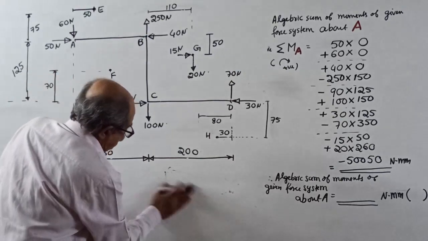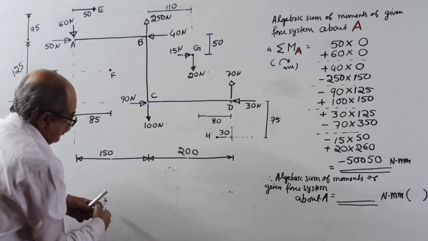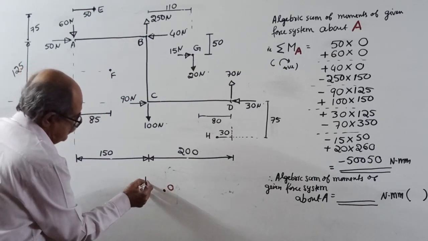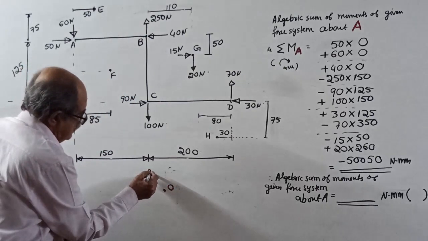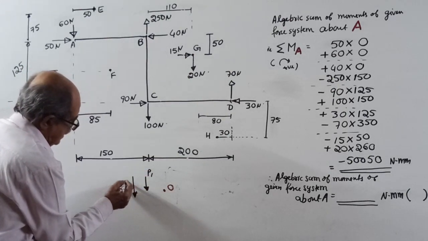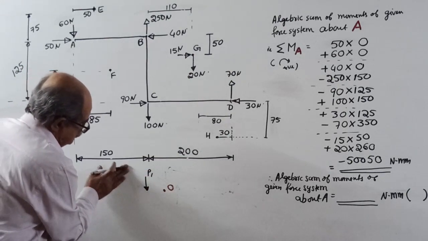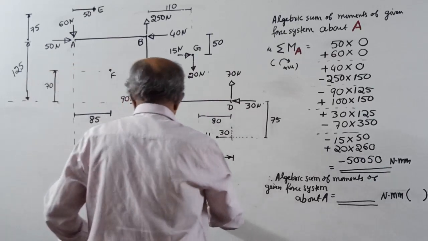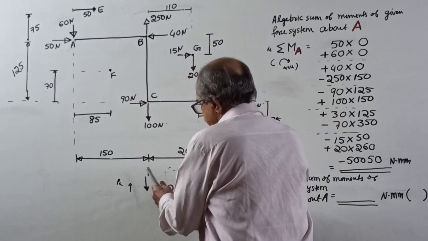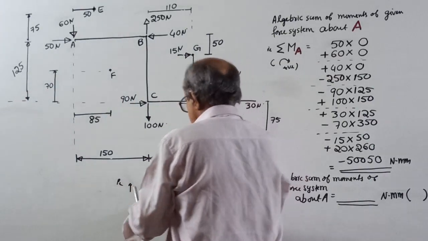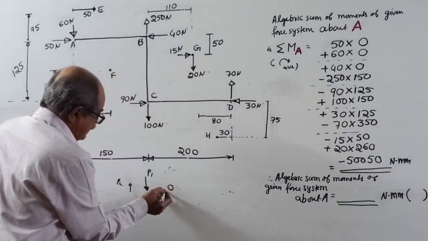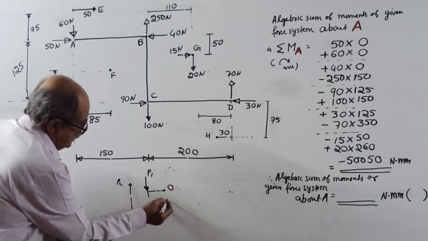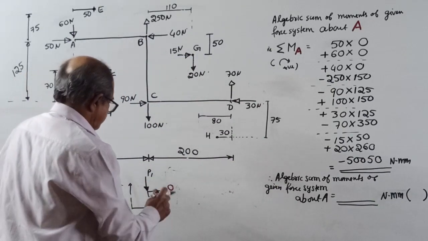Now, if the point O is here, and a force P1 is acting here, down, and another force P2 is acting here, up, not down, up. P1 into this distance, P2 into this distance, that you should write.